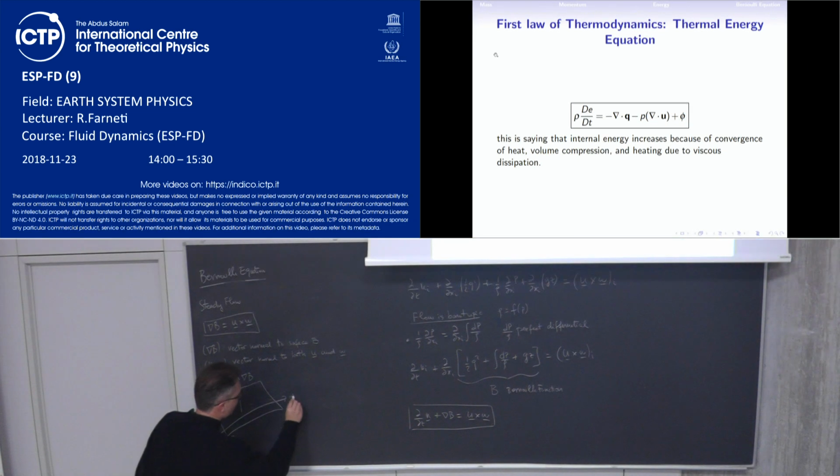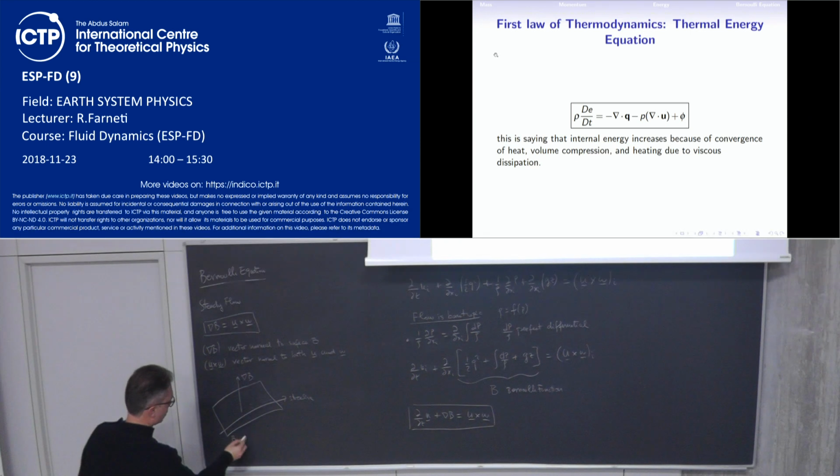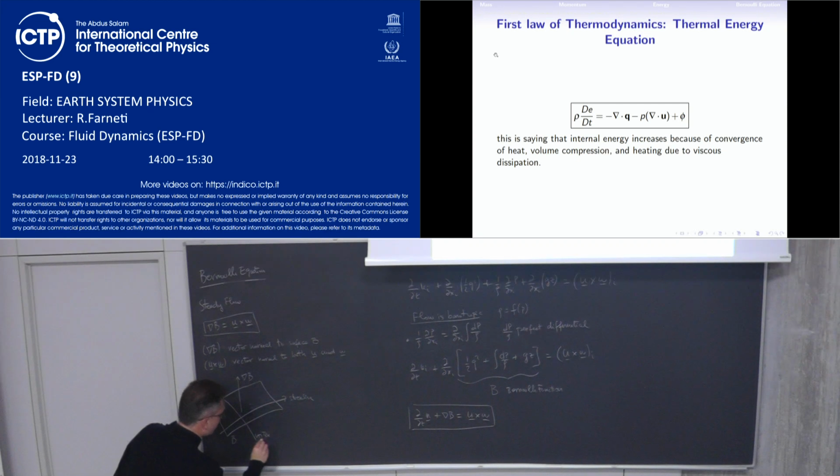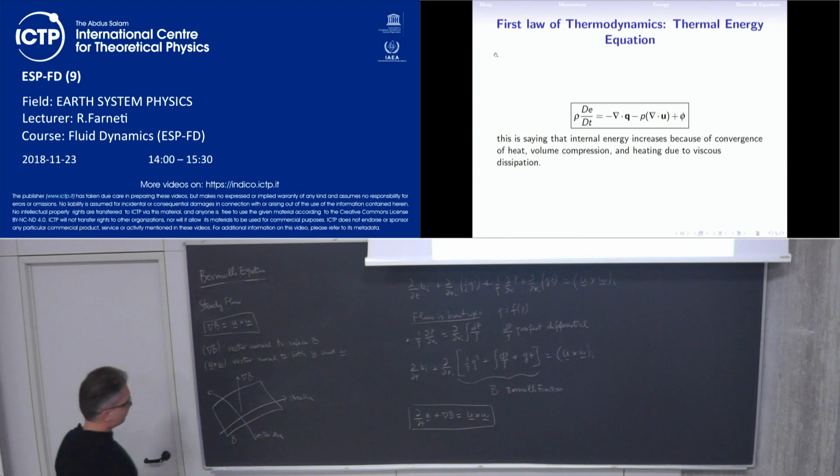So imagine this to be a streamline, and if you want, this is a vortex line. They are on the same plane B, okay? Because these two are equal. So what does this mean?